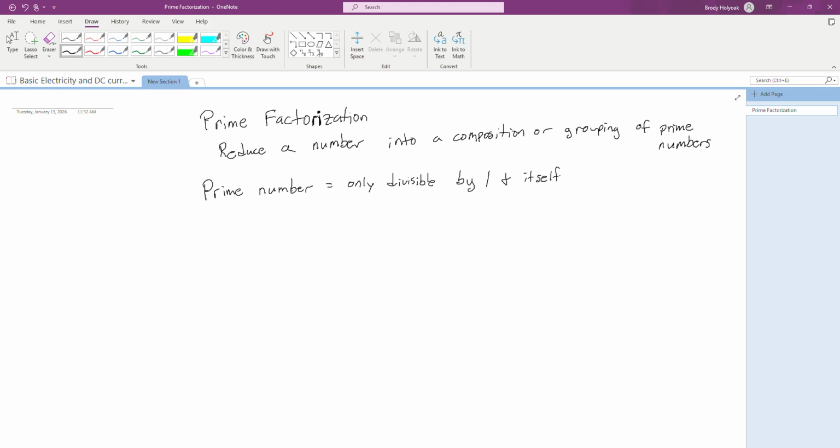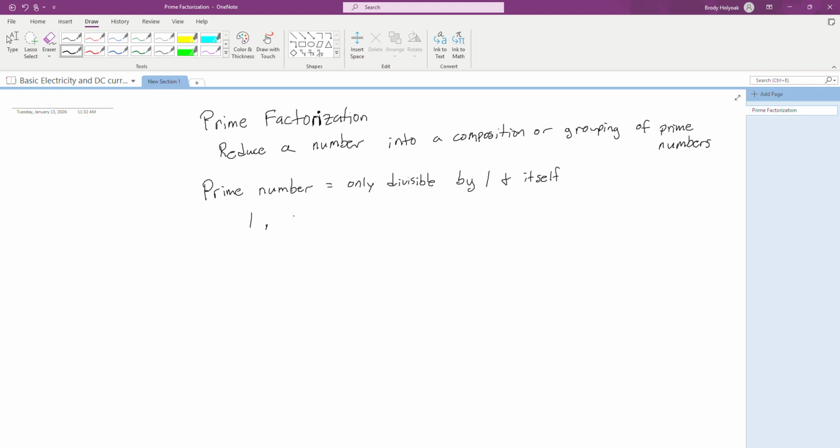So the way that we do that is we have to figure out, is a number prime or not? And we have a quick little test that we can do. Some numbers we have are very intuitive if they are prime numbers. For example, 1. It's divisible by 1 and itself, which gives us 1. 1 is a prime number, but when we multiply it by 1, we really aren't doing anything, so we're going to ignore that one for now.